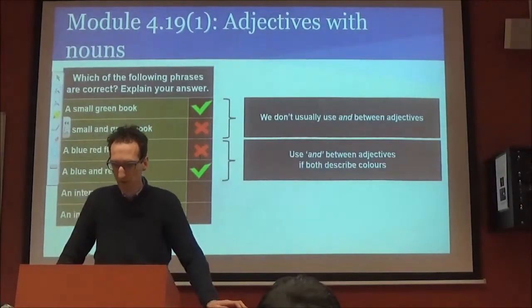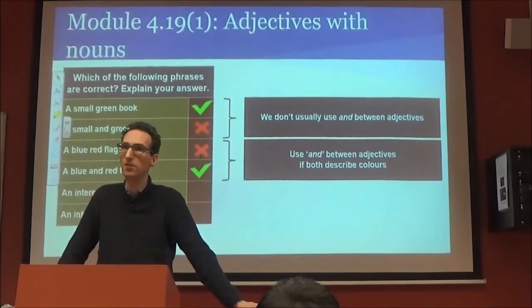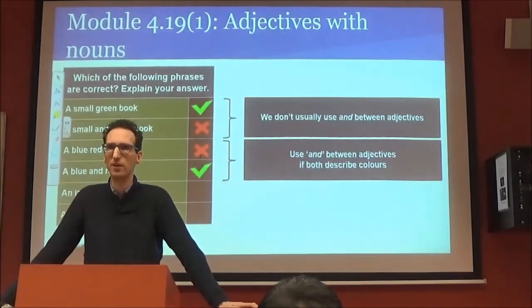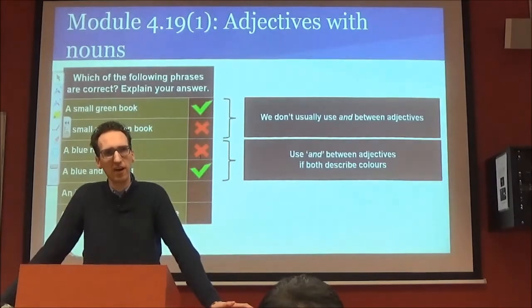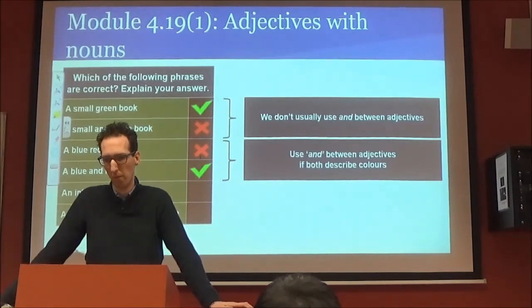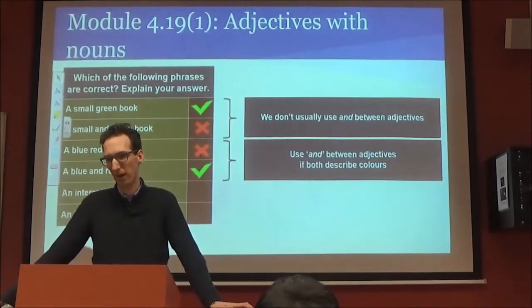Because if both adjectives describe the same kind of thing, in this case colours, then we put and in between. So a blue red flag is wrong. A blue and red flag.